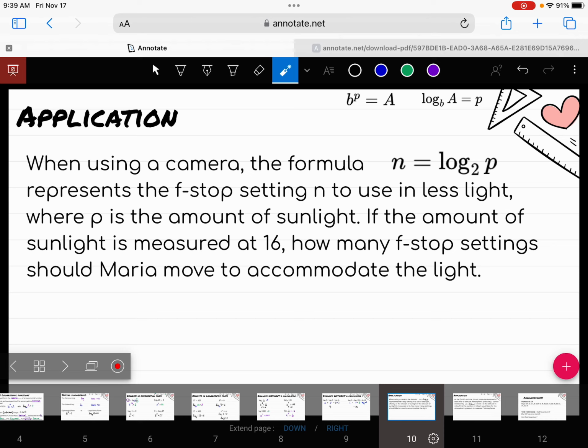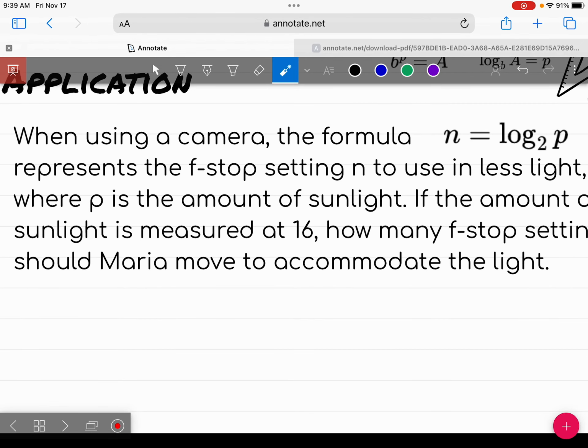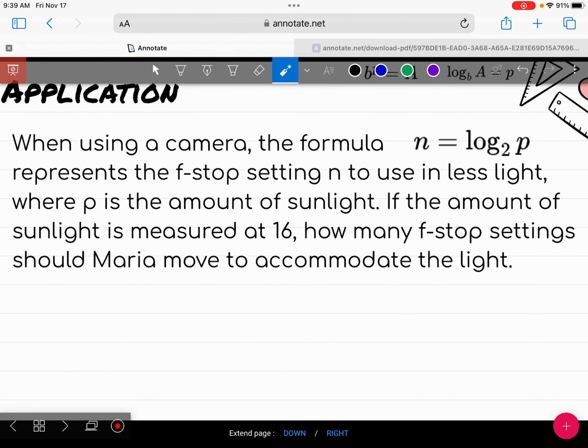Okay? So P is the amount of sunlight. If it is measured as 16, what setting should you put the f-stop on? Okay, so all this is they're saying the sunlight is measured at 16 in whatever units they're using. I'm not entirely sure, but I think they have a tool that says it's 16. Plug it into the formula. So P equals 16.